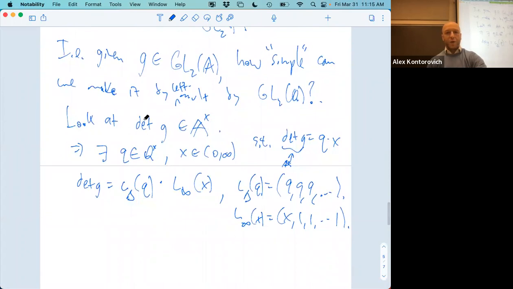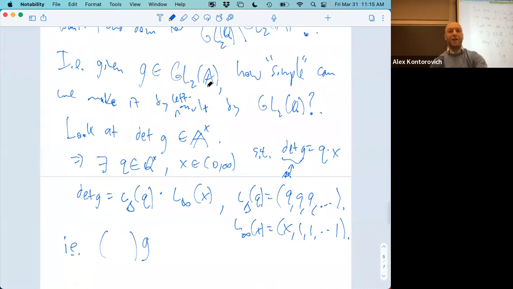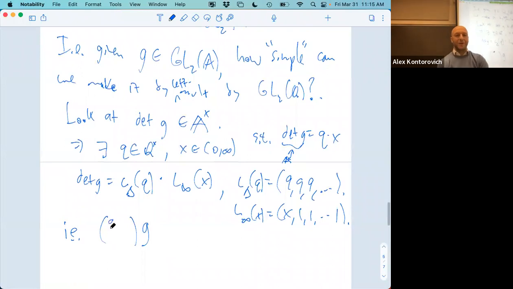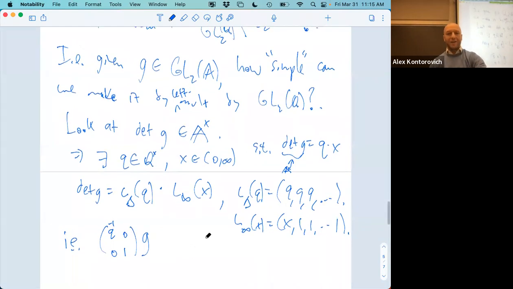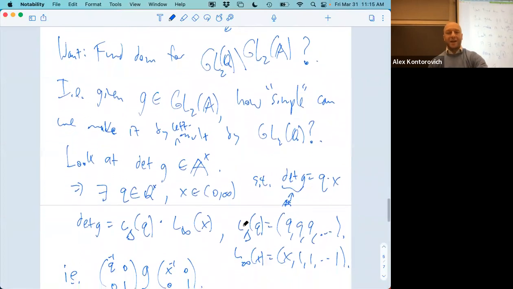Now, what? So i.e. if I take G, I want to left multiply by an element of GL2Q. So I'll multiply by Q inverse and then 1. And I'll right multiply by X inverse and 1. Yes.